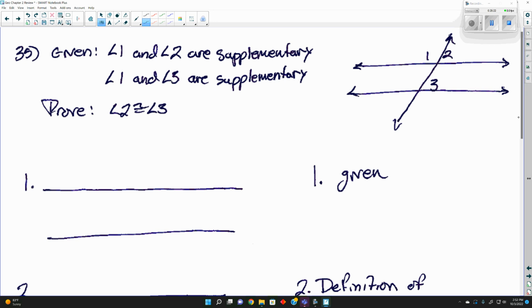Now again, with this here, we're going to always start with the given. Now for these proofs, the geometric proofs, you will have stuff given to you. It's not going to be completely blank. Now we always start with the given information.